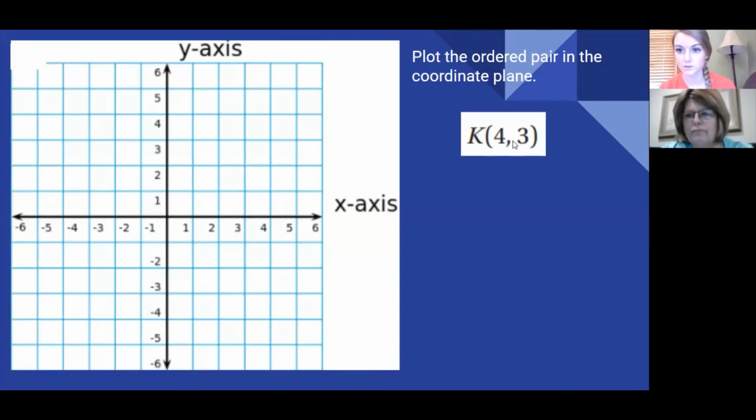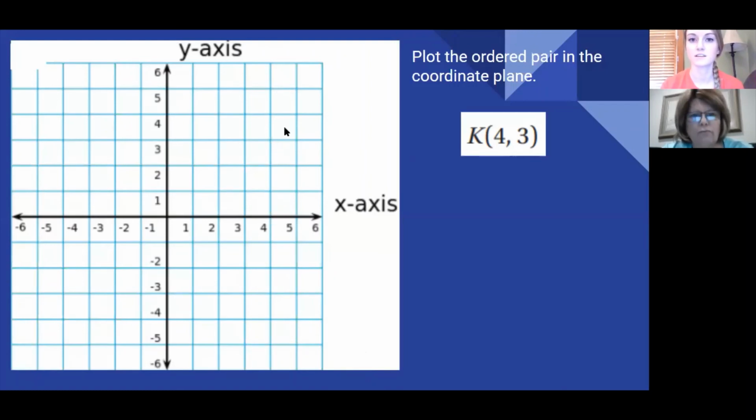So our ordered pair is what's in parentheses, and K is what that point is named. So we see that that's a positive 4, which means we're going to go over 4, because that's on the x, and then the 3 is positive, so that means we're going to go up 3. So over 4, up 1, 2, 3, right there.